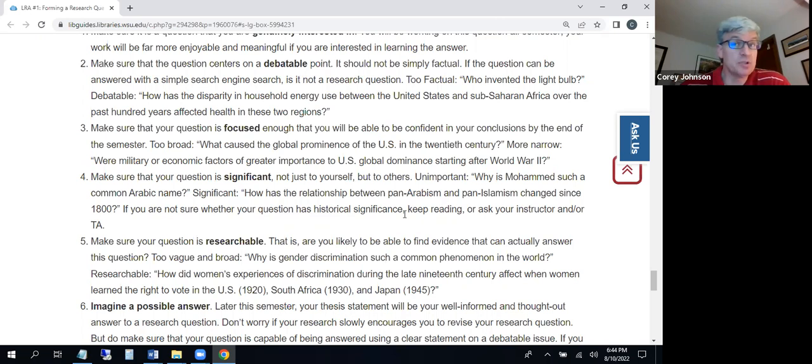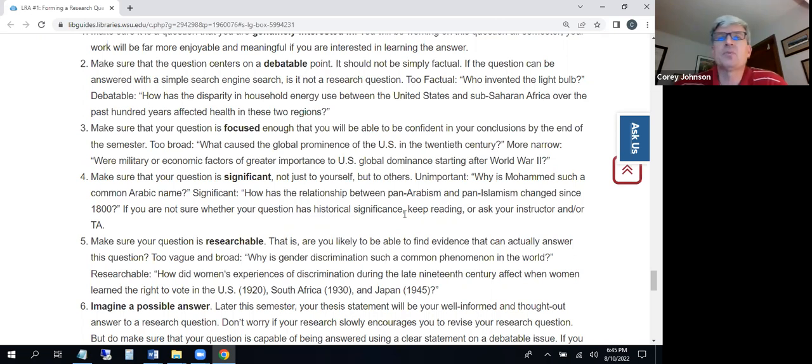But one of the things you should start to do with your preliminary research question is to couch your research in a geographic area of the world or a particular time frame. And so that can help you focus, and it can help you ask a significant and a researchable question.